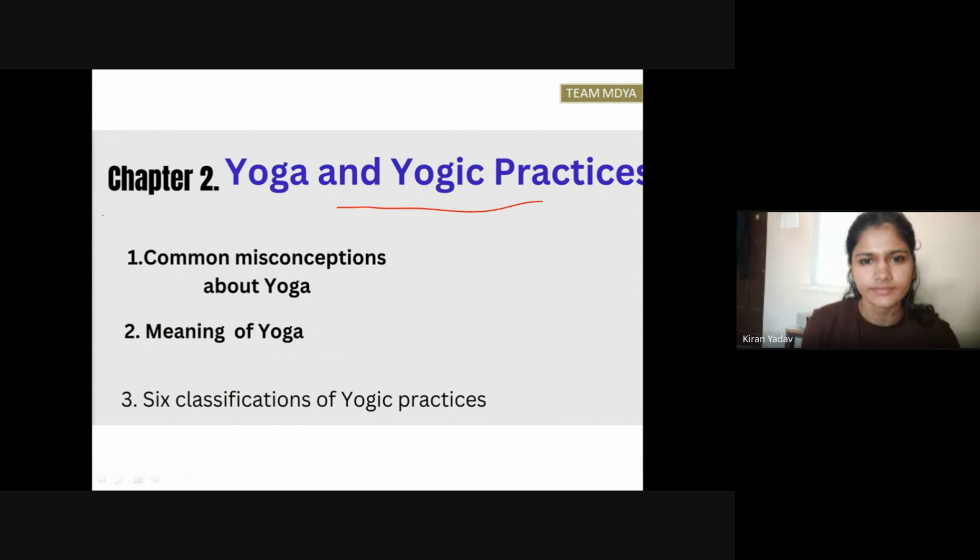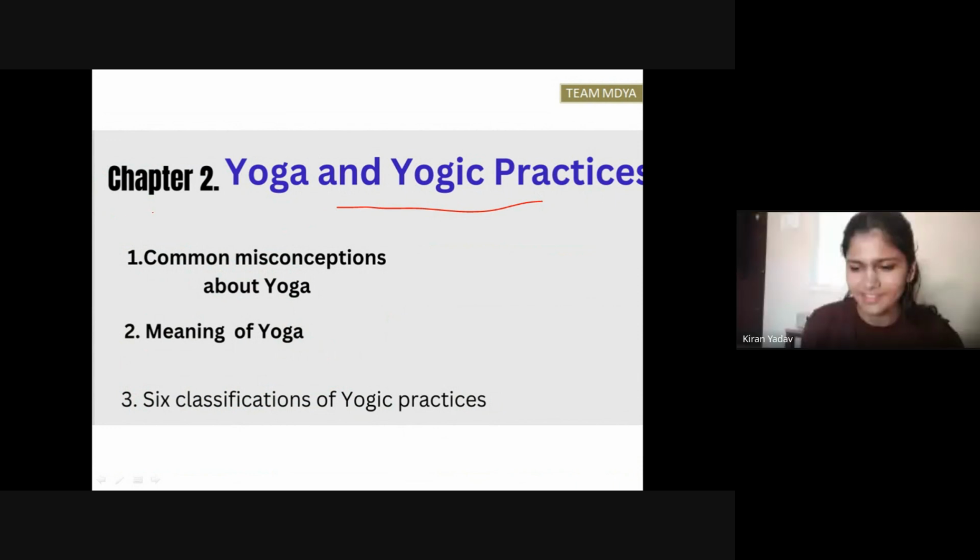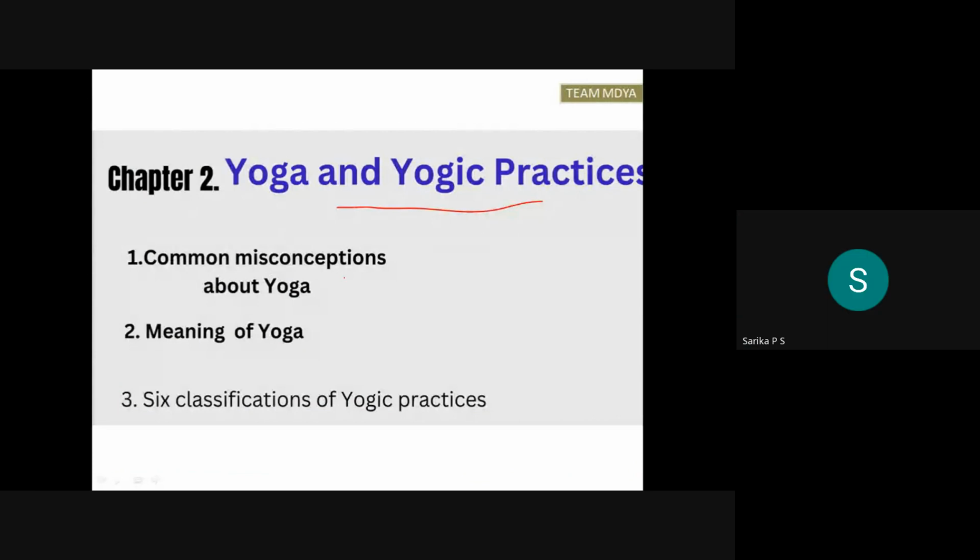More? Anybody else? Yoga is for Hindus only. Okay. Yes, this is also a misconception. Anybody more who wants to tell? Progress in yoga is doing complicated asanas. Very good.